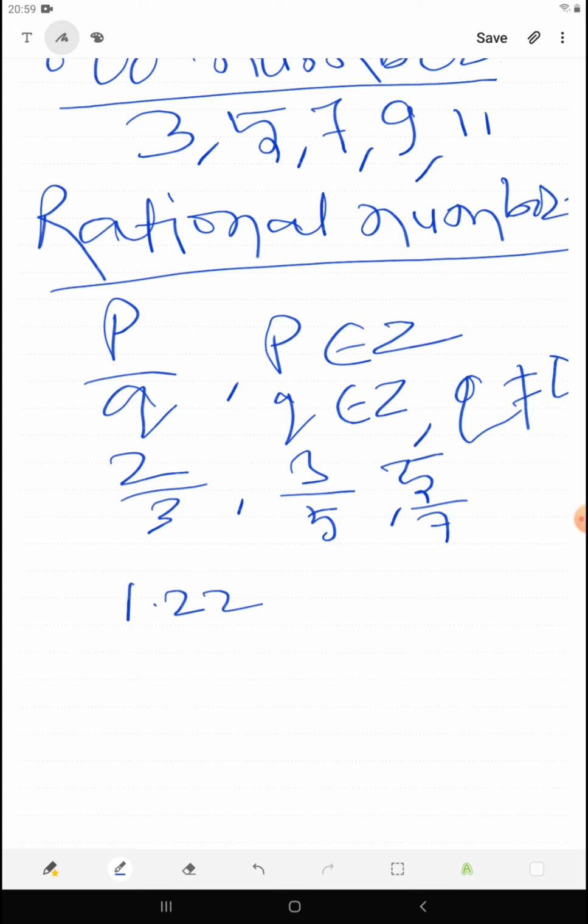But if it has a recurring decimal, like here the 2 is repeating in nature, it can have more 2's also. So if it is recurring in nature, then it's a rational number. Then if you are dividing and it divides completely, like 1.4, 1.3, so if there is no further division, then also it's a rational number. Okay?